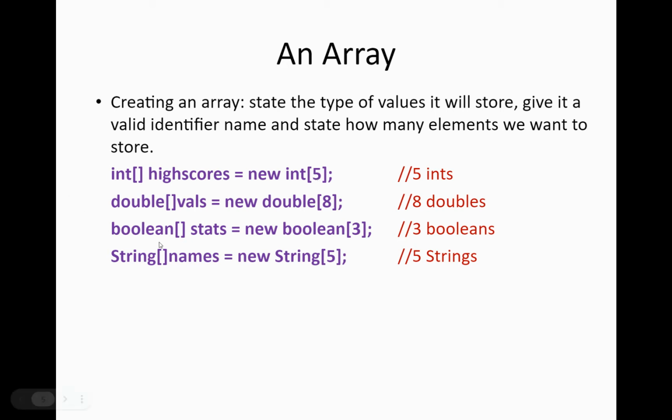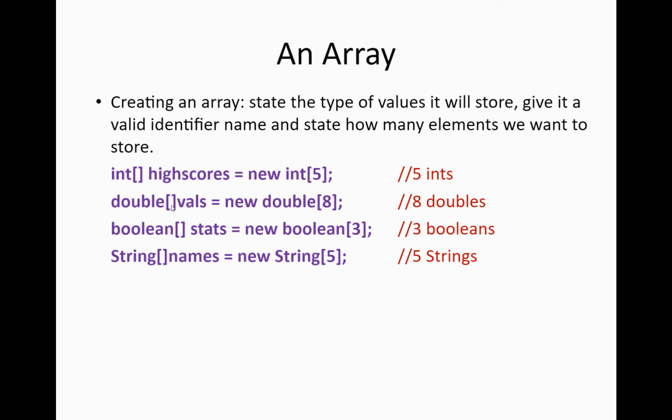And so these examples here show us a number of things. The first thing I want to point out is the int array, the double array, the Boolean array, the string array. You see I'm declaring what type of value is going to be stored inside of my array. In Java, you must declare what type of values will be stored in the array.